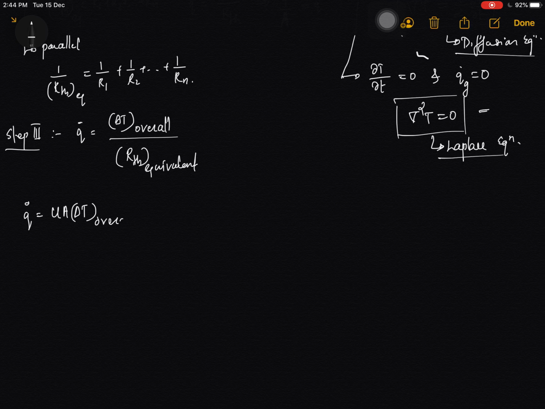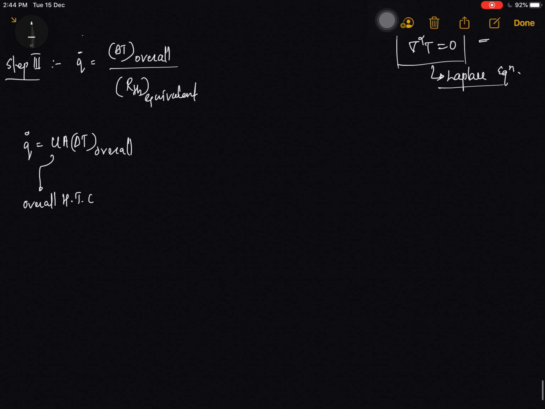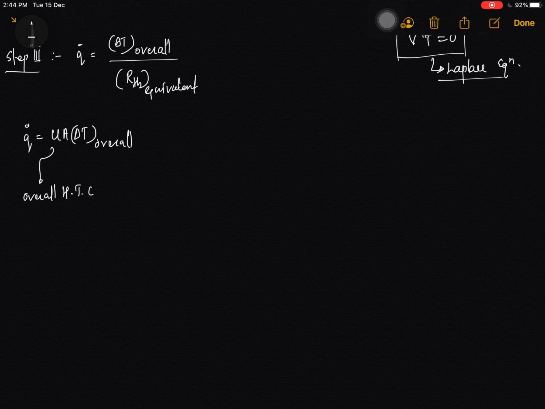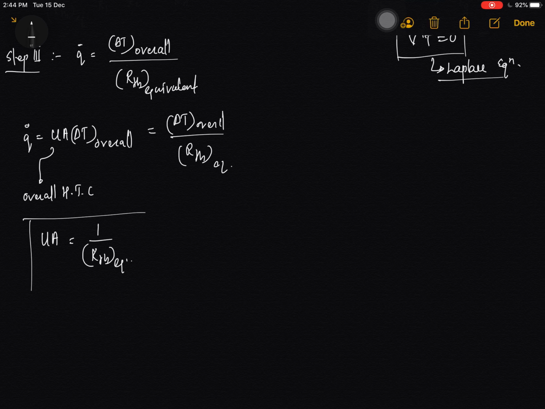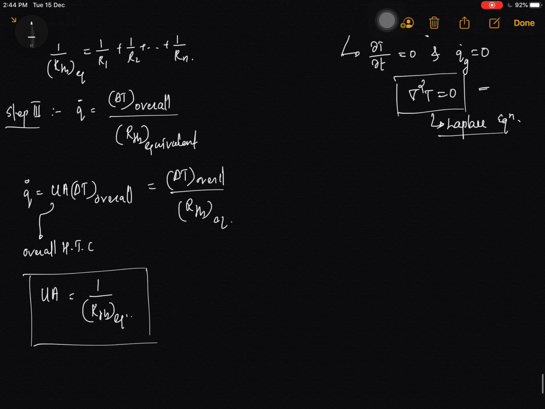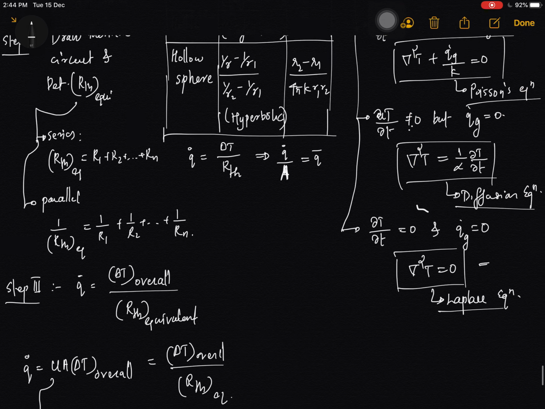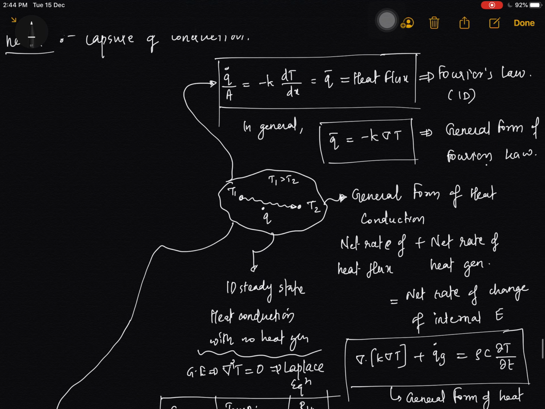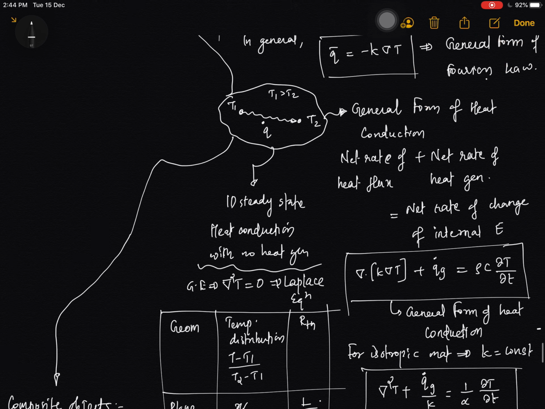Sometimes this heat transfer rate is written as Q dot equal to UA delta T overall, and this U is called the overall heat transfer coefficient. From delta T overall by R_th equivalent, we can determine that UA is equal to 1 by R_th equivalent. So the overall heat transfer coefficient times area is nothing but the reciprocal of R_th equivalent.